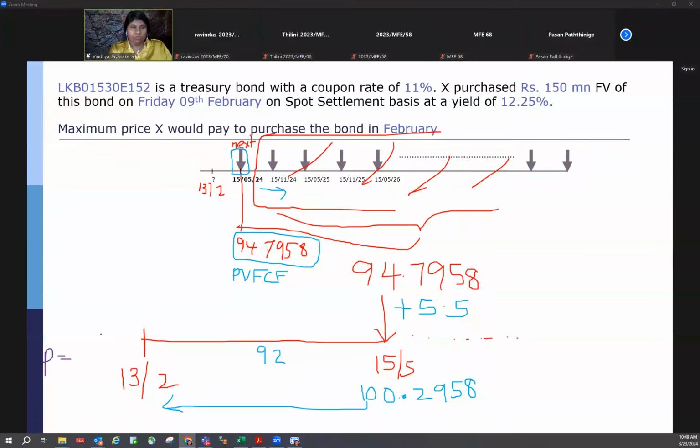It equals the future value divided by 1 plus r to the power n. Now the only thing is, what are these inputs? What is the future value? 100.2958.